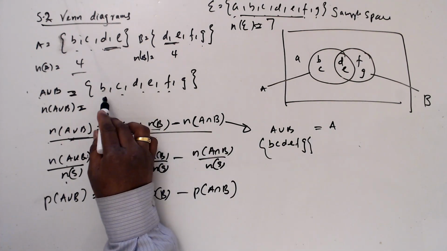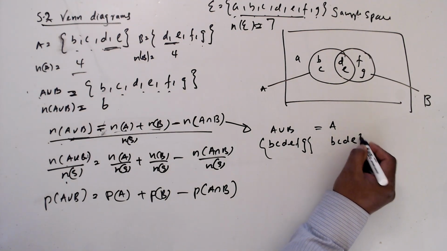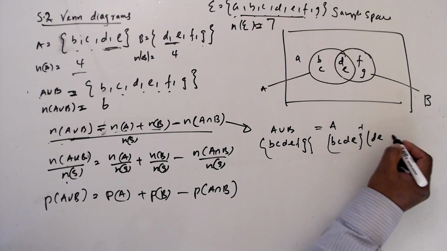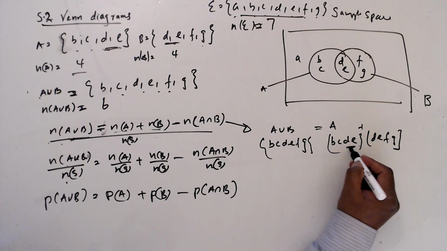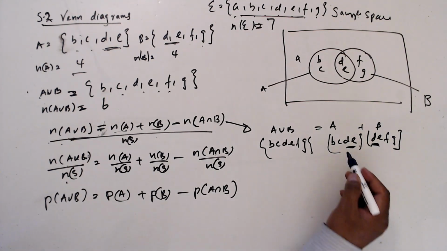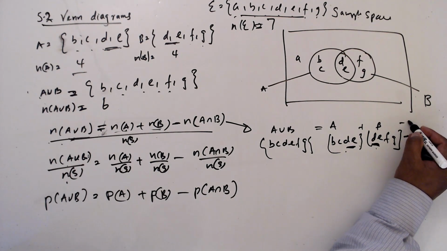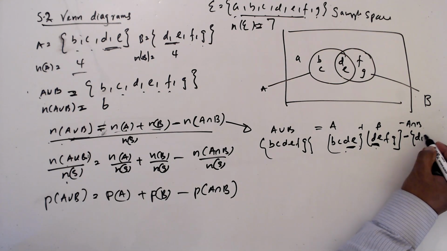A, B, C, D, E, plus again D, E, F, G. And you see now this is adding two times. So then I have to take one out, that is minus A intersection B, which is D and E.